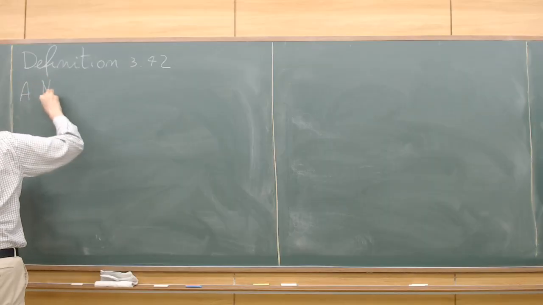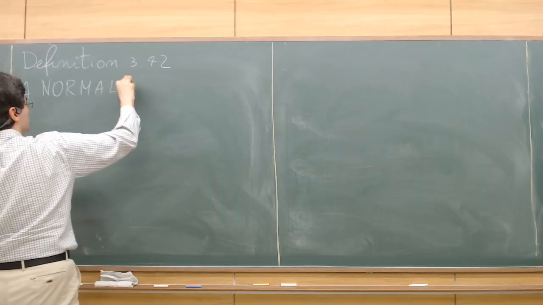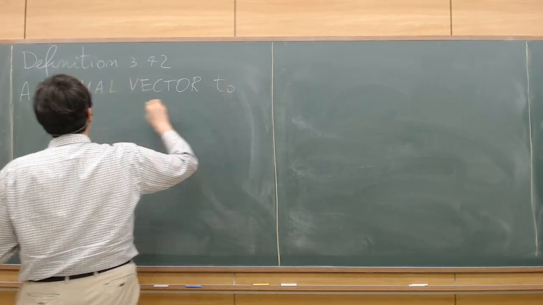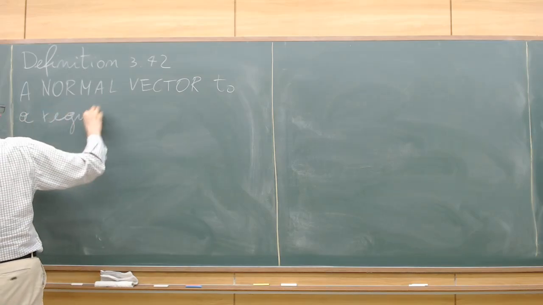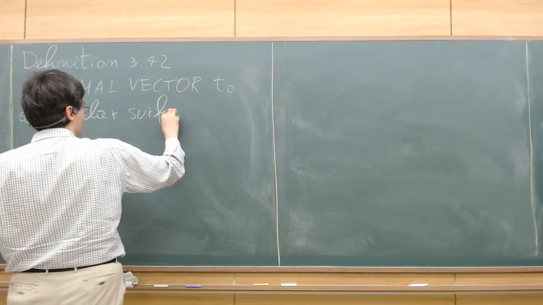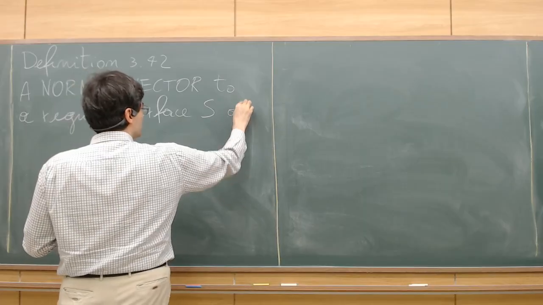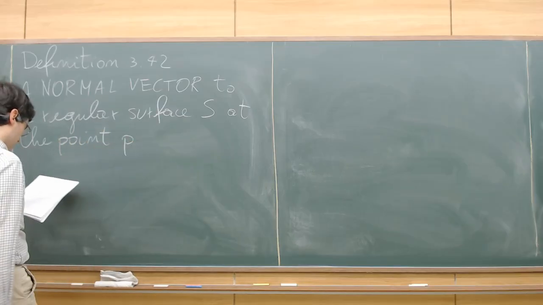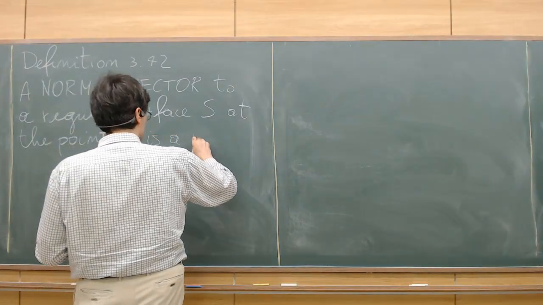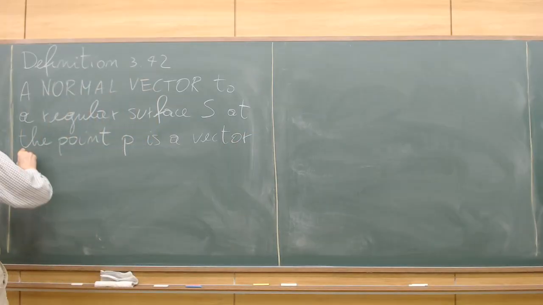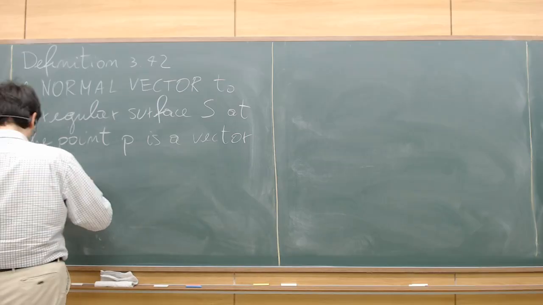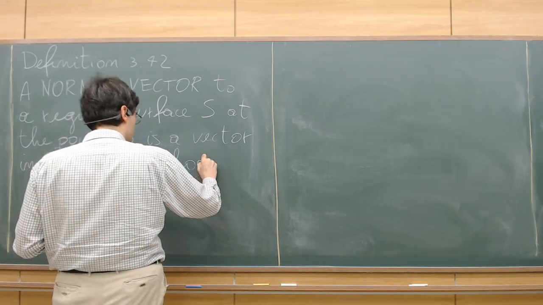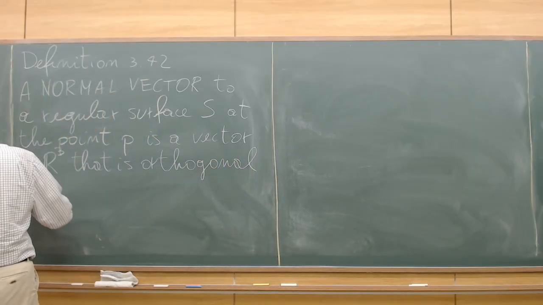A normal vector to a regular surface S at the point P is a vector in R3 that is orthogonal to the tangent space TPS at P.